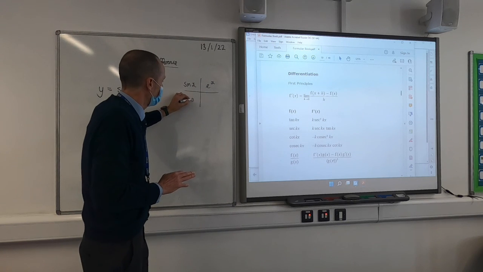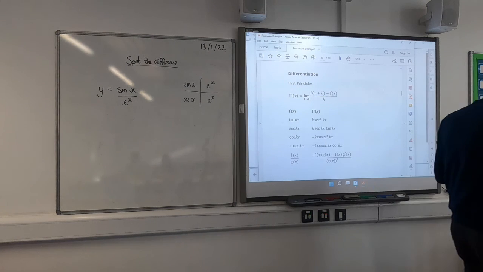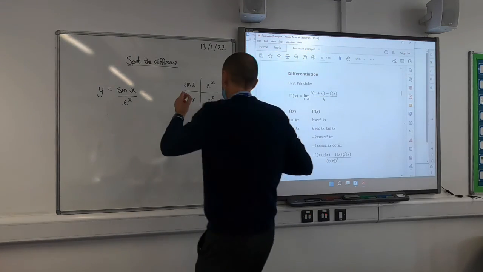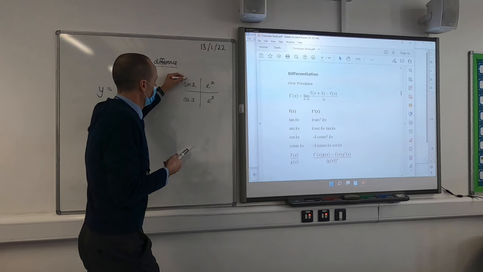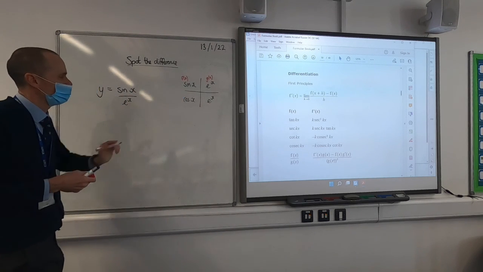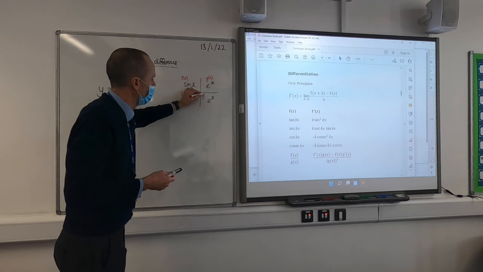So sine becomes cos, e to the x becomes e to the x. So using the notation they're using, this is my f of x, and this is my g of x. So this is f dash of x, and this is g dash of x.